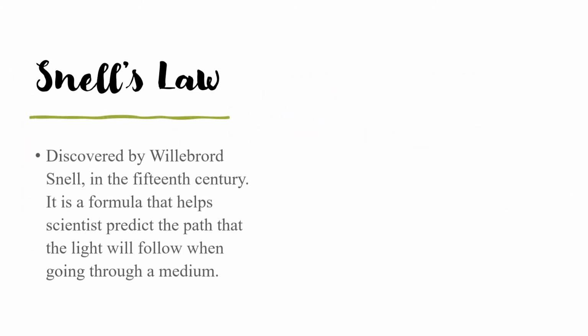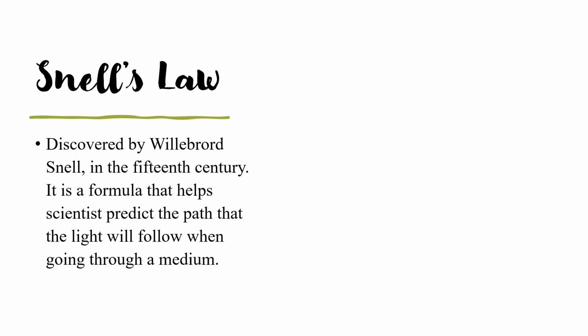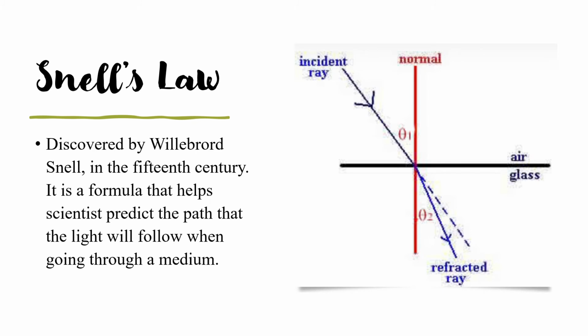Alright, so let's continue. Now let's talk a little bit more about Snell's law. It was discovered by Willebrord Snell in the 15th century. It is a formula that helps scientists predict the path that the light will follow when going through a medium. Basically, this is what a diagram that represents Snell's law would look like.